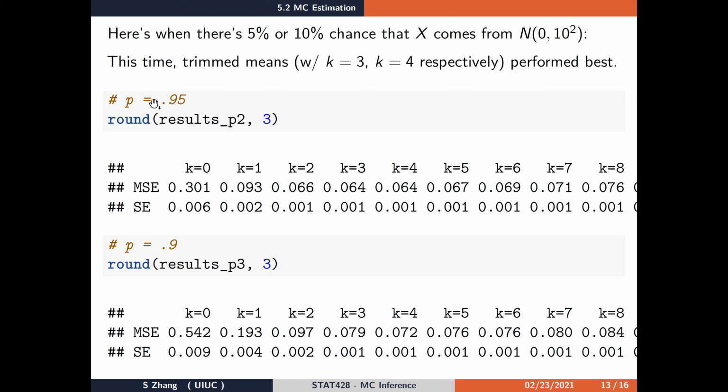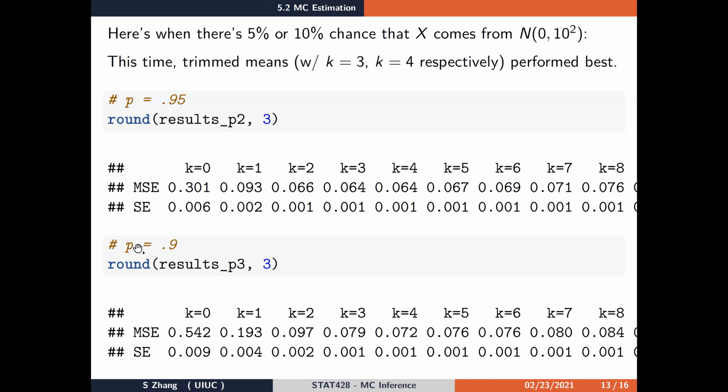Specifically, when P is equal to 0.95, we can see that the untrimmed mean actually has really high MSE. It's around 0.3. The lowest MSE occurs when K is equal to either 3 or 4. And then afterwards, because we're trimming probably too much, the MSE will start to increase again. So the lowest MSE is achieved when K is equal to 3 or 4.